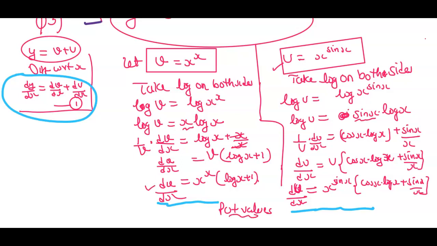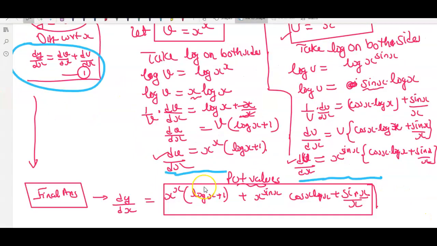Now you can see easily that I have got the final answer. I have put the value of dv by dx and du by dx, and finally I got the final result. Although if you do it the other way, you'll get the same final result, the only thing is log of a plus b is not equal to log a plus log b. This is a common mistake which almost 50% of the students make, and we deduct marks.